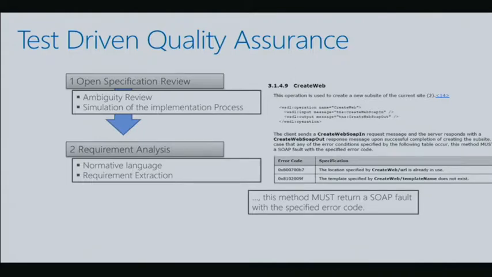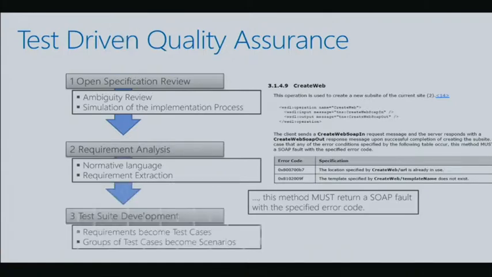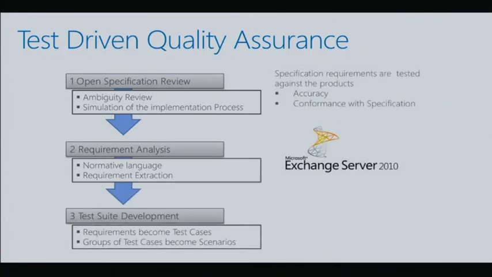Then we go through each and every requirement and check if these requirements can be converted into test cases. If they can be, then we write the source code for those test cases. That's how requirements become test cases.